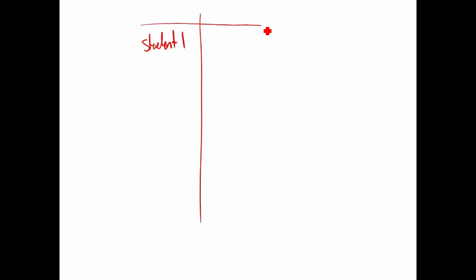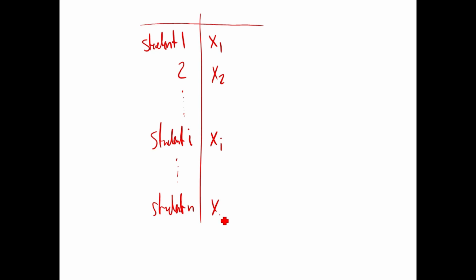Let's say you have student 1, and then you're recording something about them. So this would be x_1. For student 2, you'd have x_2, all the way up to student i, which would be observation x_i, up to student n, which would be x_n.